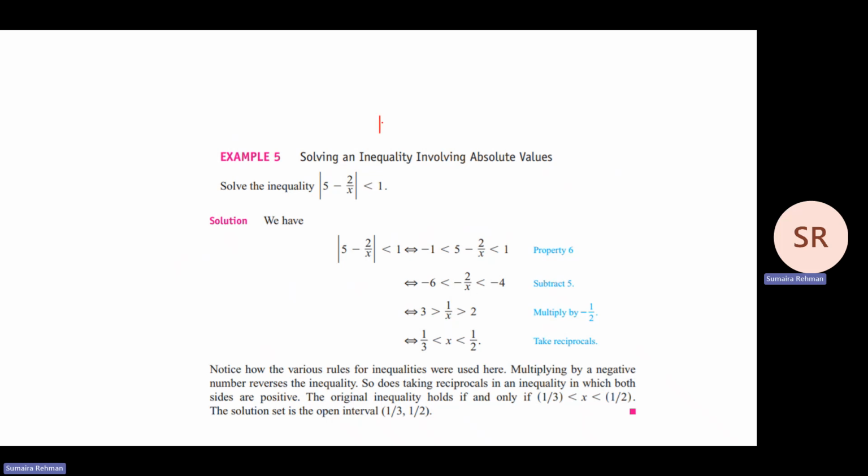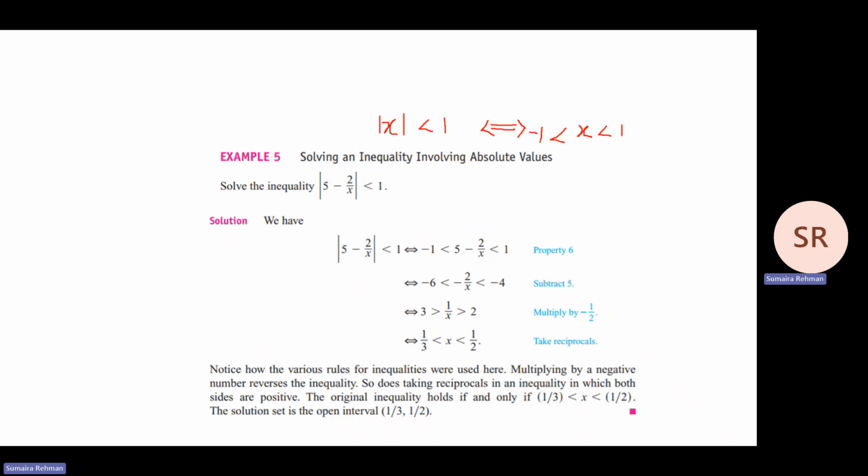Actually, absolute value of x is strictly less than 1 if and only if, this is the symbol you can use for if and only if, x lies between 1 and minus 1.